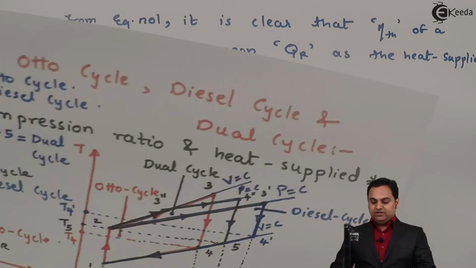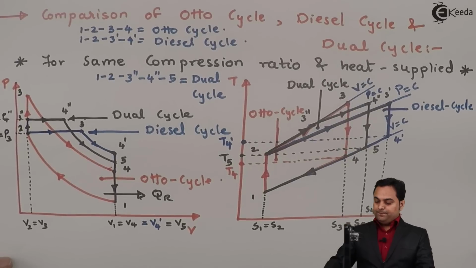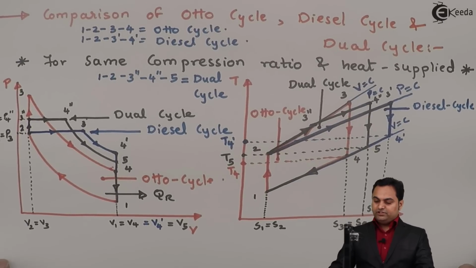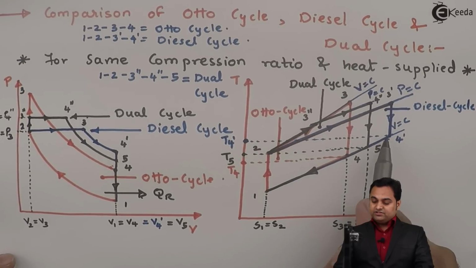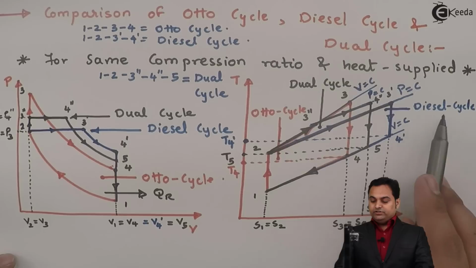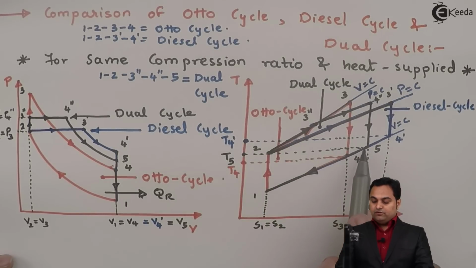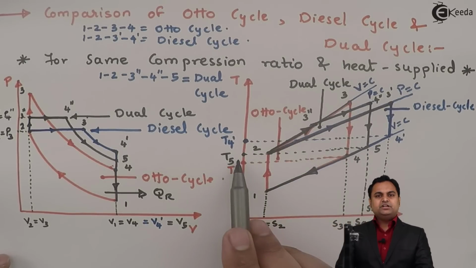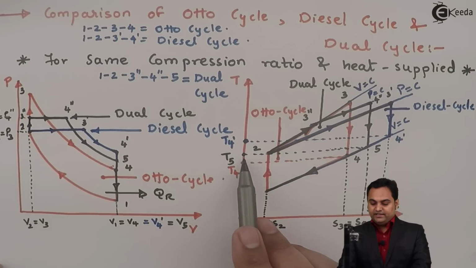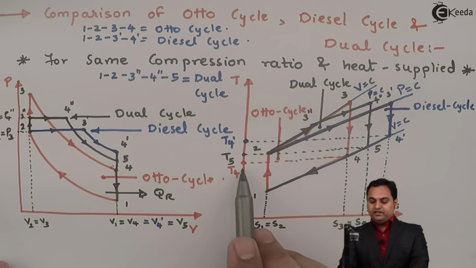The temperature at which heat is rejected is different for different cycles. For diesel cycle it is T4 dash, for dual cycle it is T5, and for Otto cycle it is T4.